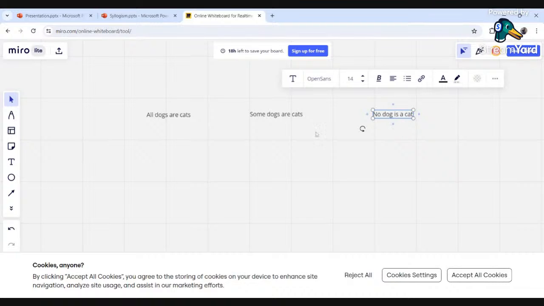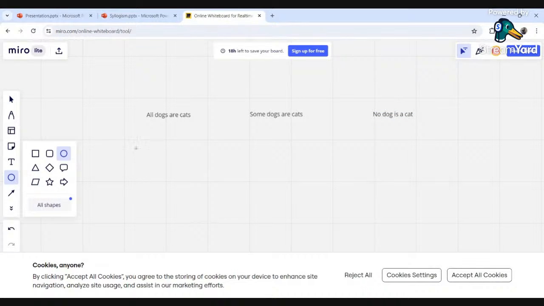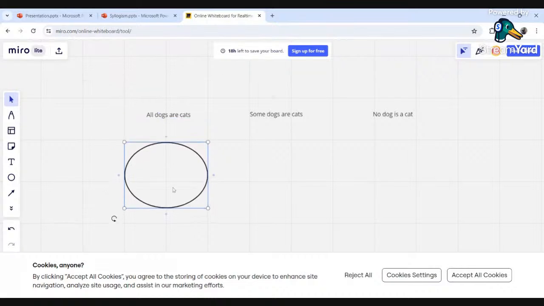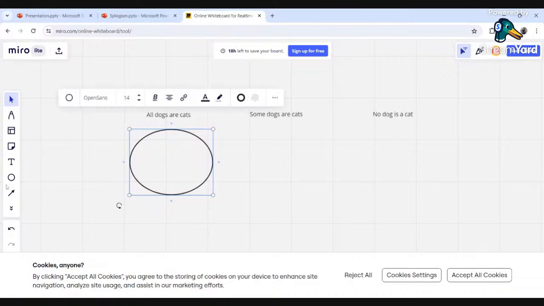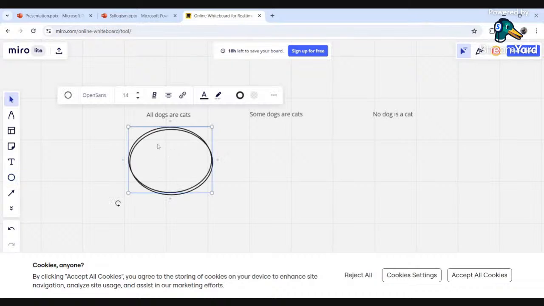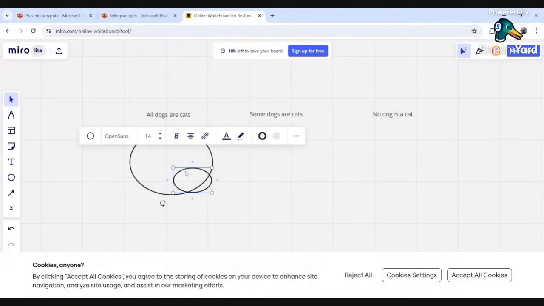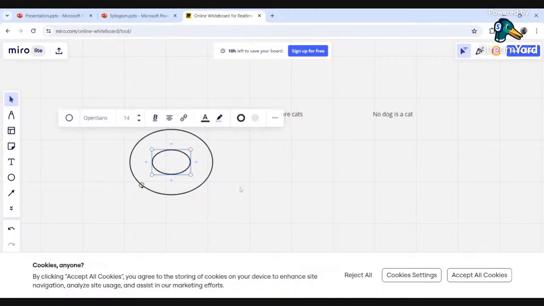I just showed you two examples to make you understand that it is very easy to do this. Let me show you the first one. All dogs are cats. Now, what you have to do is first take a circle. Inside the circle, you need one more smaller circle. That smaller circle will be your dogs.